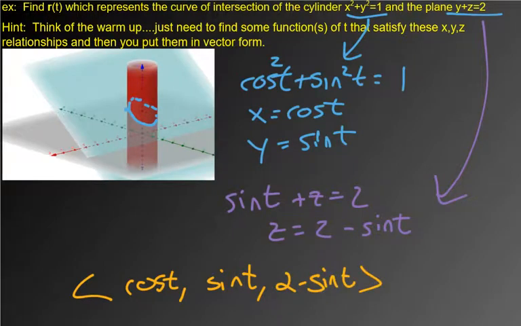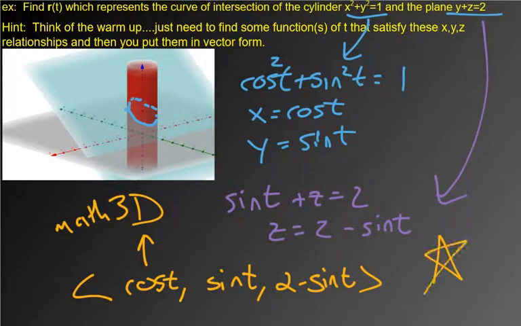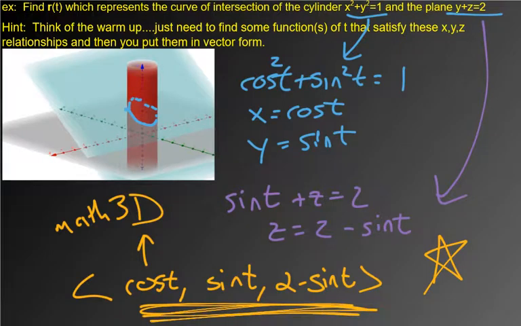I'll show you in class, but you can actually plot these things in Math 3D, and it's kind of fun because you get these cool curves. I'll pull this example up in class again, just so you see that you can get exactly the curve of intersection between the infinite cylinder and this plane right here.